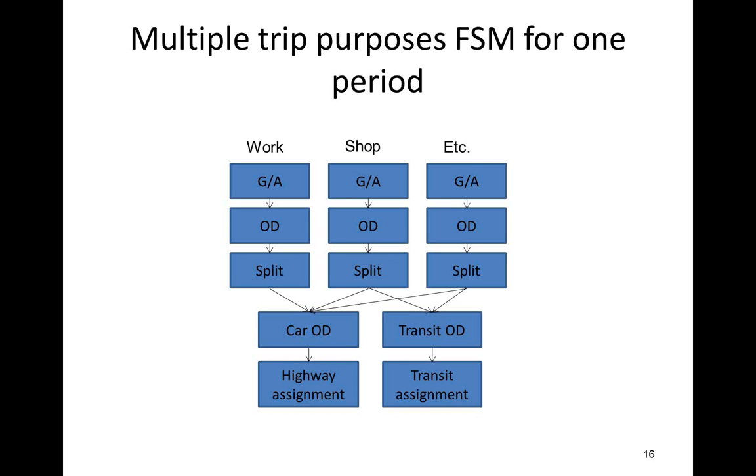Park and ride becomes one of the trip purposes, and the car component from home to the railway station is included as part of the car OD, and the transit from the railway station to the destination becomes a transit OD. That is how trips are assigned for car OD and transit OD in the case of park and ride.